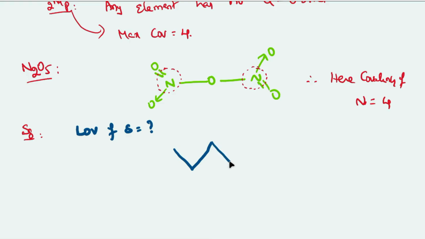So it has a puckered ring structure like this. Each sulfur is attached with 2 other sulfurs. Puckered ring structure or crown shape it is called. So therefore covalency of sulfur is equal to 2.